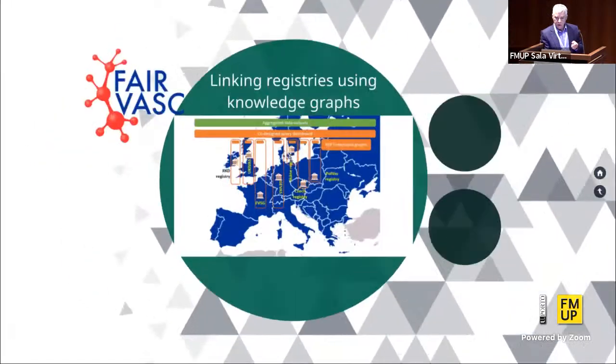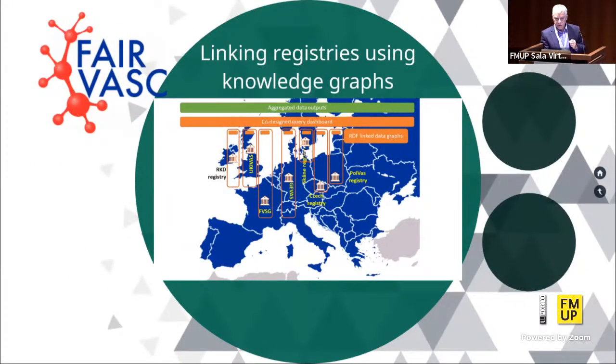Second example is from a European project I run called FAIRVASC. Again, this is using registries, but here we're trying to take these individual data sources because these are rare diseases, and these individual registries themselves are not really big enough to make any proper inferences.